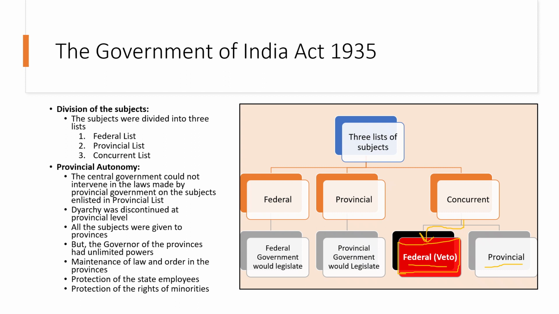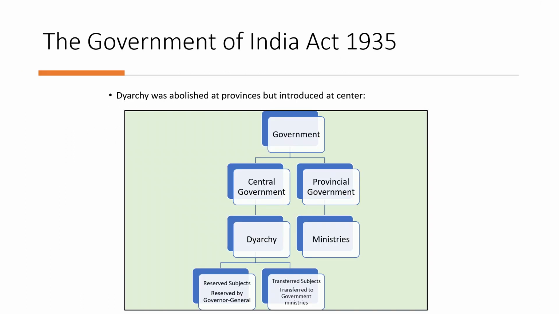Now students, diarchy was abolished at provinces, but it was introduced at the center. In the Montagu-Chelmsford reforms, the subjects were divided at the provincial level, and at the provincial level, the British government snatched some subjects from the provincial ministries and kept them with themselves.